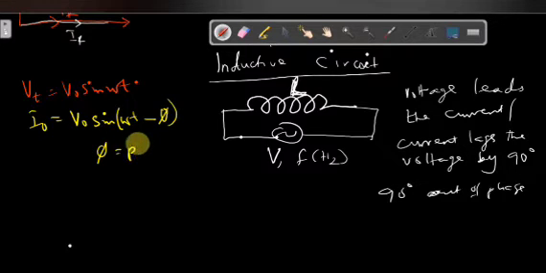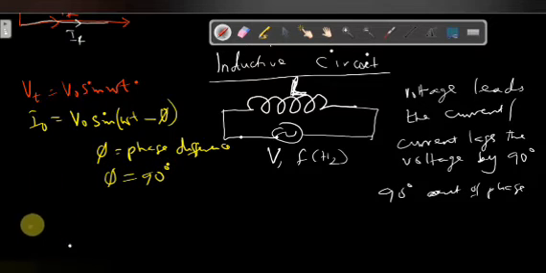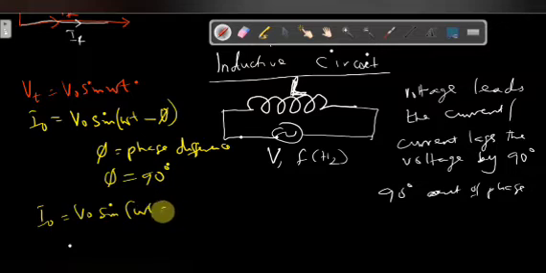So my phi here is called the phase difference. And for a purely inductive circuit, phi is equal to 90 degrees. So I naught is equal to V naught sine omega t minus pi over 2 in radians. Okay, so that's the formula for the current.